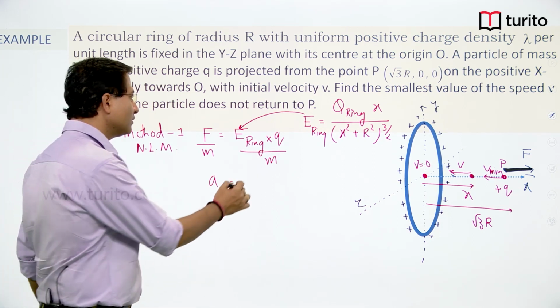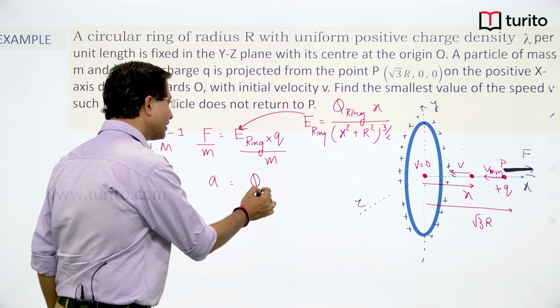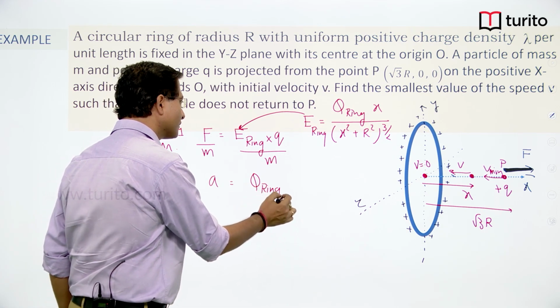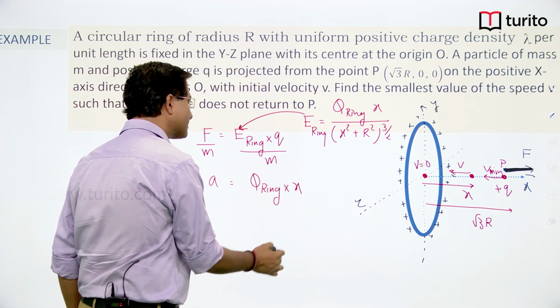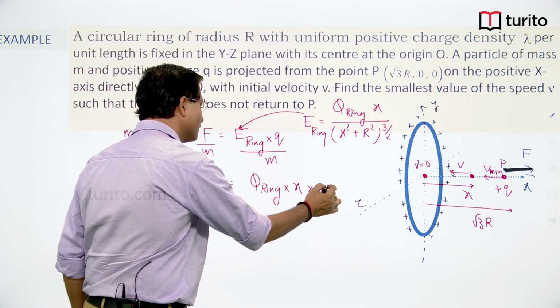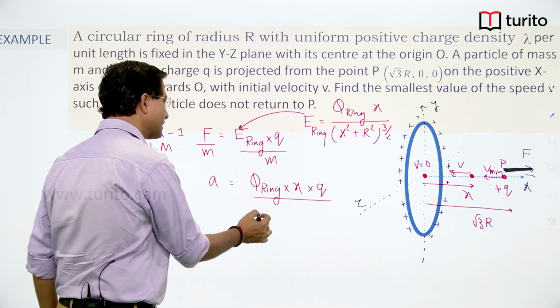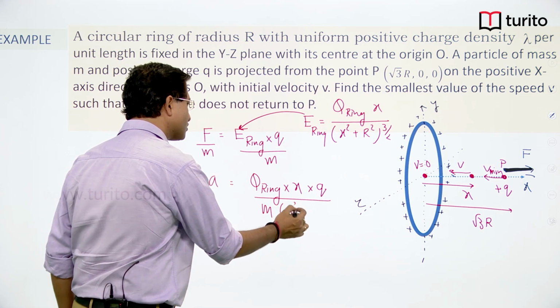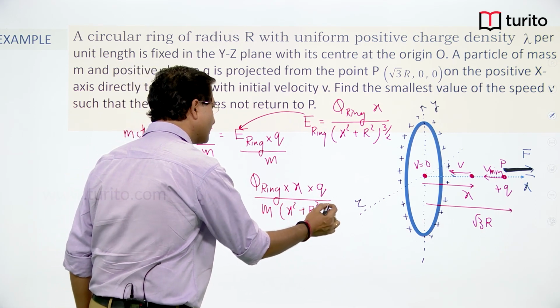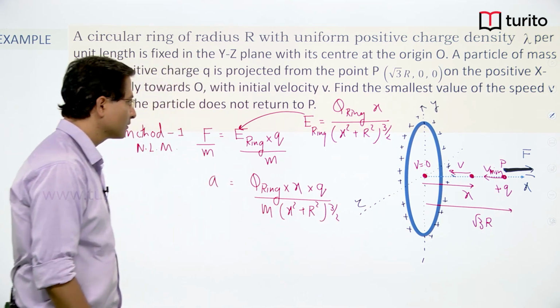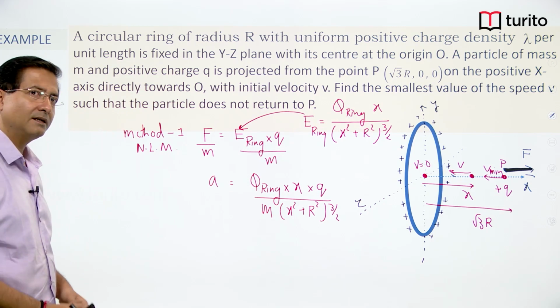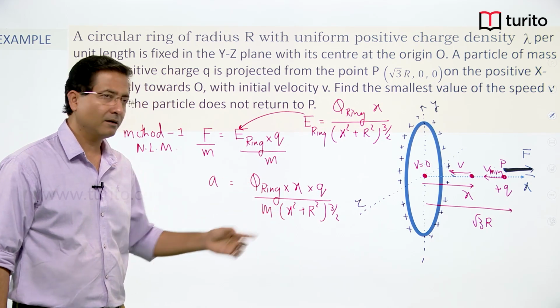If I substitute, I will get charge on ring into x into q divided by m times x square plus r square to the power 3 by 2. Now you can see that here the acceleration is variable.